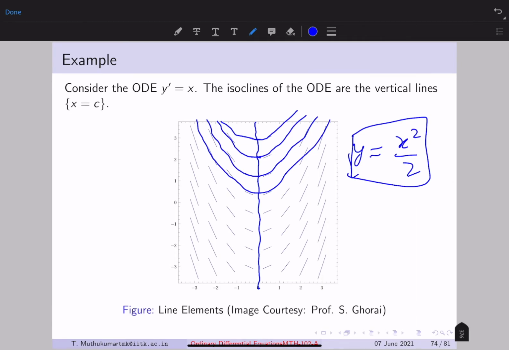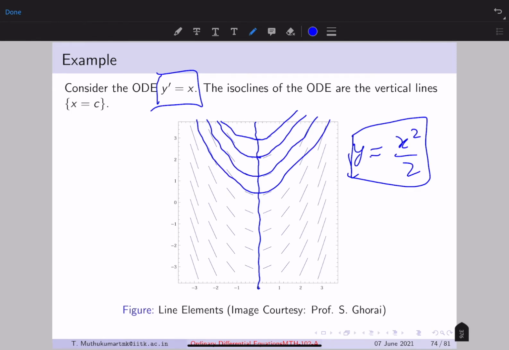So this is the method of isoclines, where you use the ODE to plot the small line segments of corresponding slopes and use those tangent lines to draw the appropriate curve, which is called the integral curve.